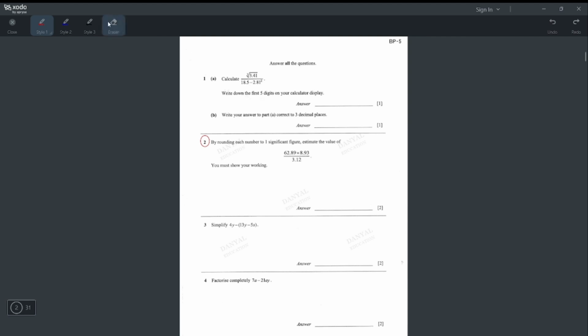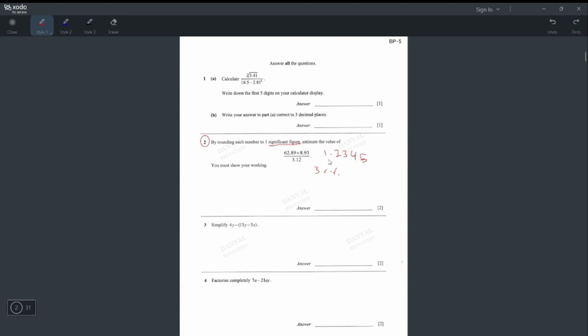And before we go into question 2, I want to introduce this term called significant figure, which is a very common term used in Singapore examinations. And what it essentially means is the number of digits we want to leave out for the number. So let's say we have the number 1.2345, and we want to leave this number as, let's say, 3 significant figure. So SF stands for significant figure.